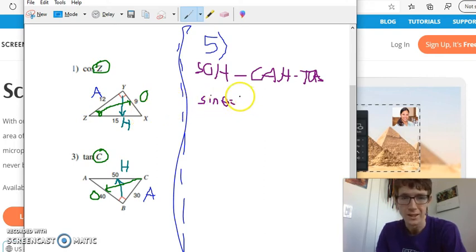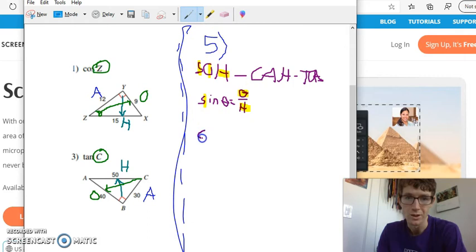So sine of theta is the opposite over the hypotenuse. See how that comes into play, where S is sine, O is the opposite, H is the hypotenuse. So hopefully that makes some sense. So that's our sine equation.